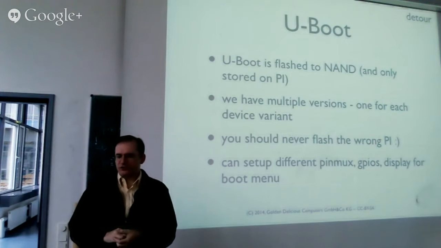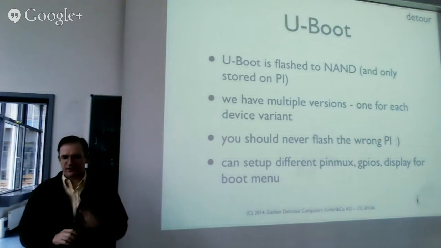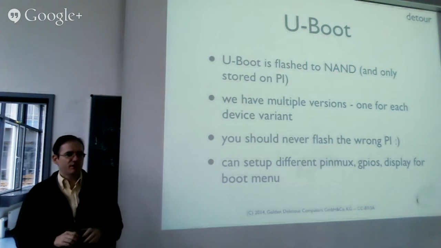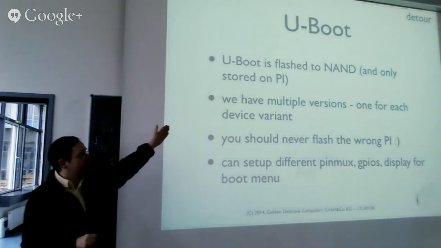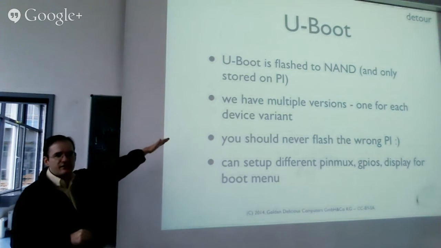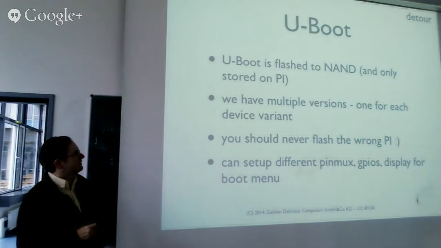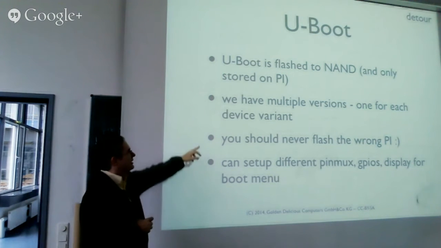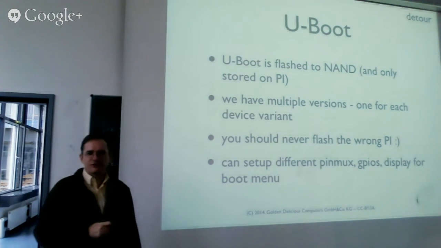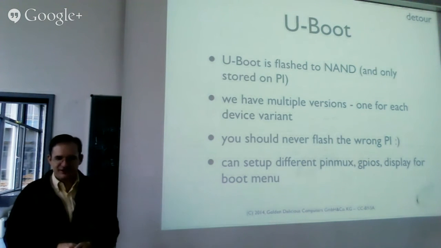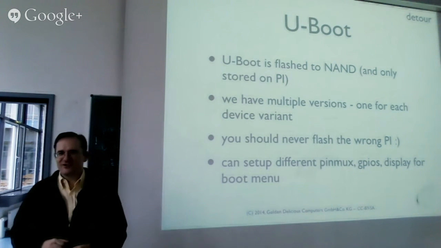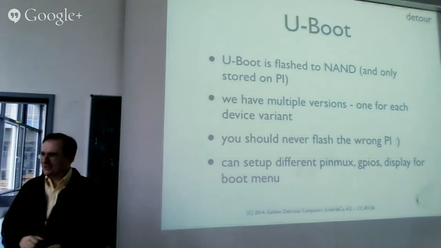The U-Boot is flashed into the NAND and is only available in this production image. And this, of course, means that for each device variant there is a specific U-Boot. Nobody should flash the wrong production image, because then the U-Boot is reporting it's a GTA05, although it's running on a GTA03.